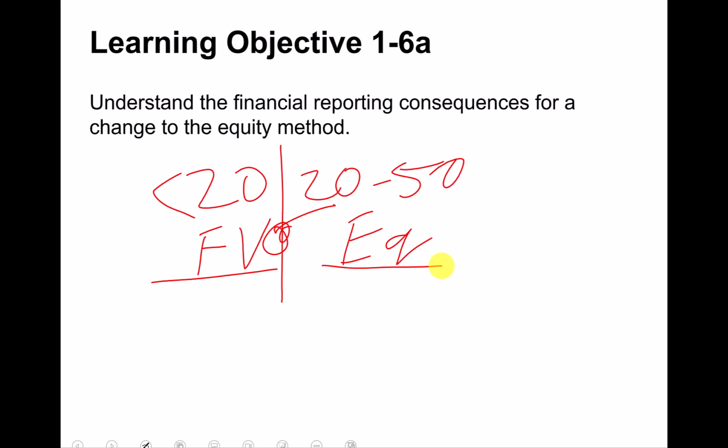For past financial periods, you would keep your old method and don't go back retroactively and change. We call this prospective. From the point you have a change in percentage ownership, only from that point forward, you would use the new method if required.